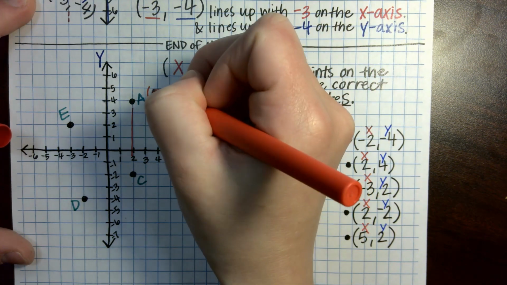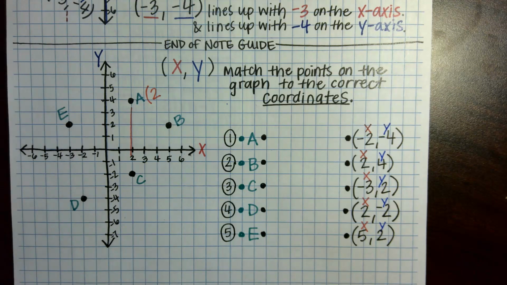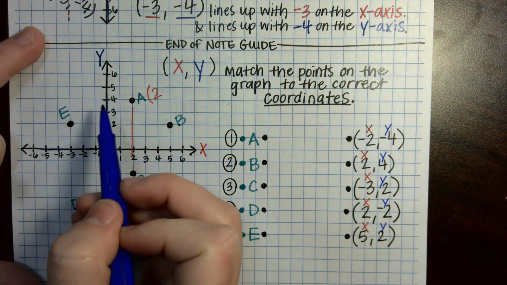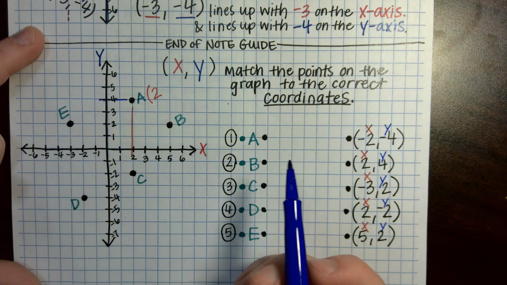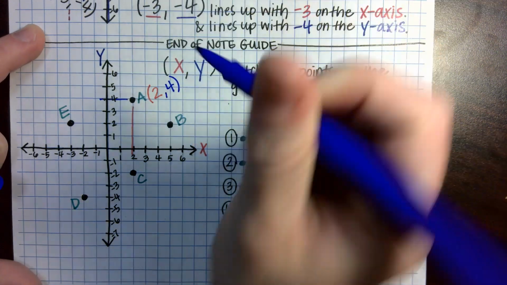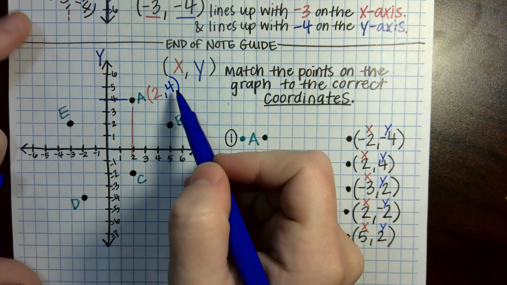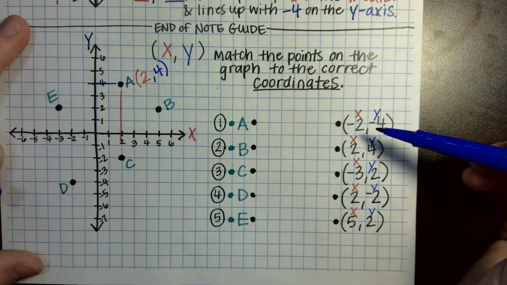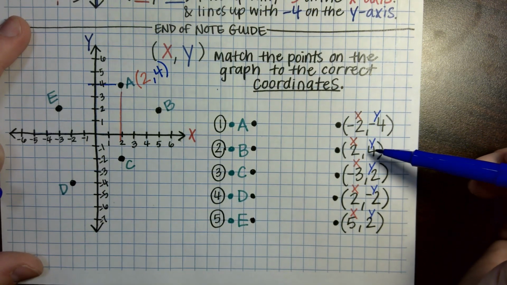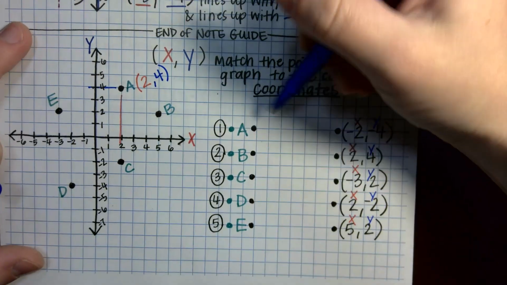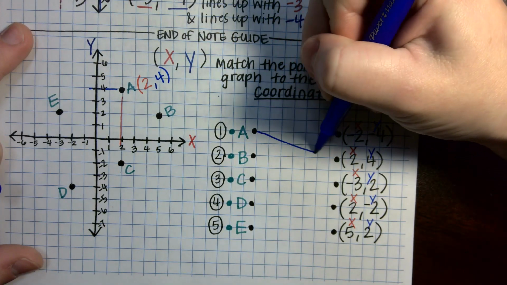So I'm going to put a 2 for my x. And where does it line up on the y-axis? +4. Good, right there. So I know that this coordinate is going to be named 2, 4. So let's find that one. Not -2, -4, 2, 4. There it is. So I'm going to draw a line from A to 2, 4.